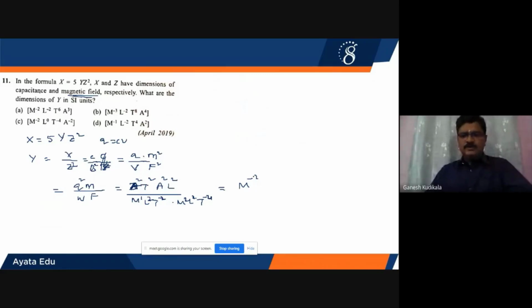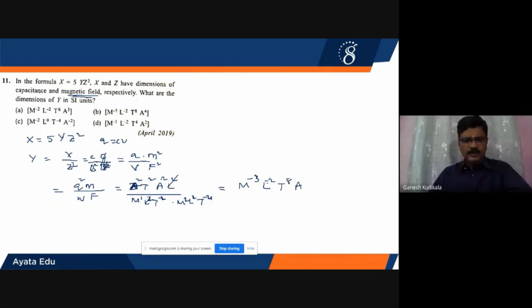So M to the power of 2 plus 1 will become minus 3, and L to the power of 4. And here L square is there, so this L square will get cancelled. Only L to the power of minus 2 we will get. And T to the power of minus 2 plus 4 will become T to the power of 8.